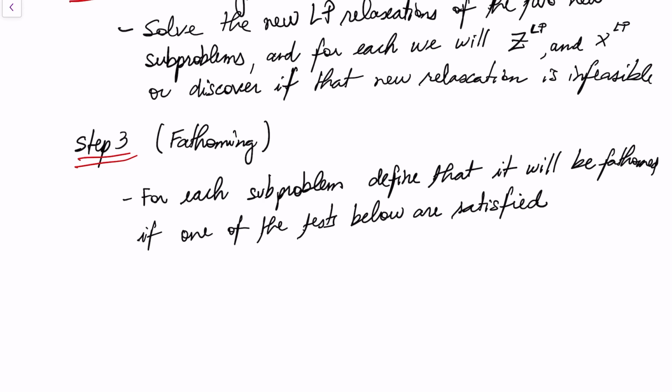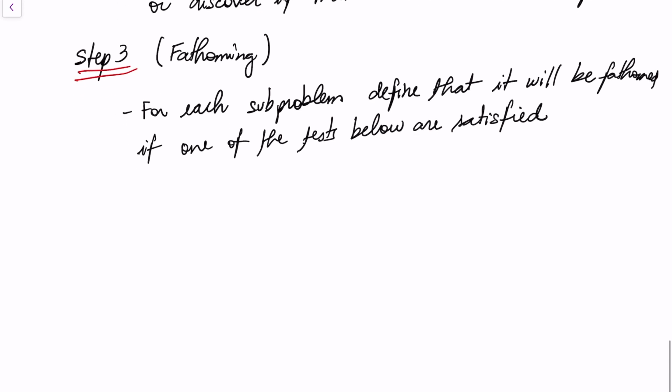In other words, we're going to have 3 tests. If one of them is checked, if the analysis that we do shows that test is satisfied, then we have to fathom that subproblem.